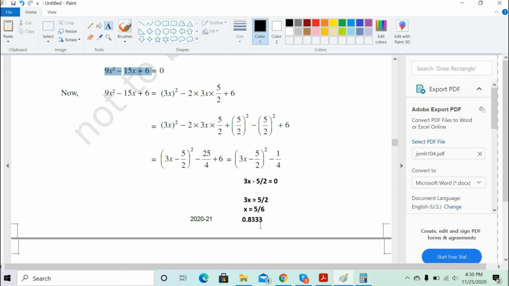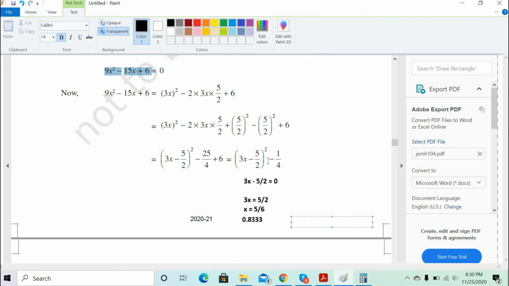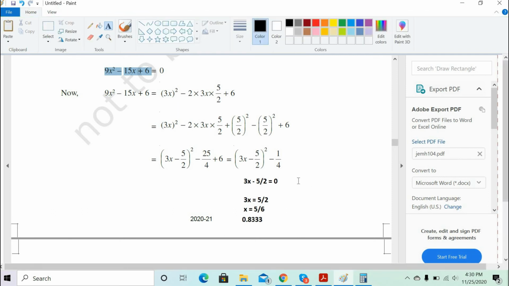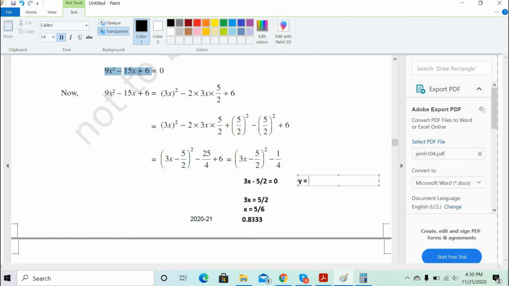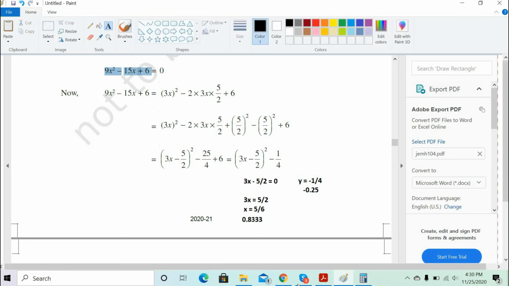When you put this value, the entire term becomes 0, and the remaining y value will be minus 1 by 4. What is minus 1 by 4? y is equal to minus 1 by 4, that is nothing but minus 0.25, correct?